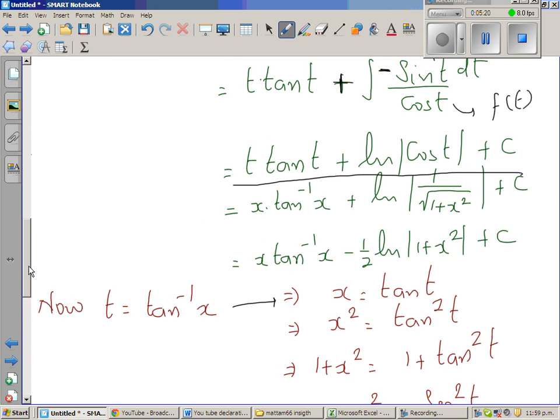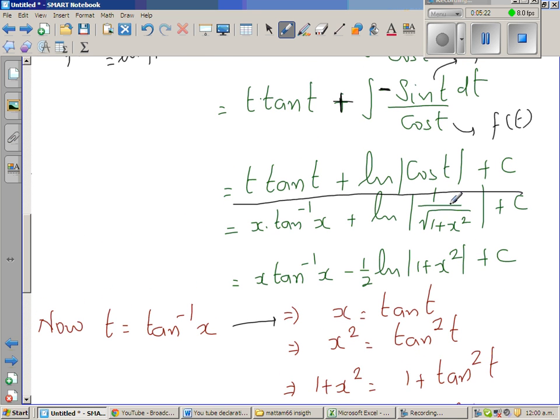So in place of cos t, that's how I wrote this. Tan t is x, and t is tan inverse of x. That's how I wrote x times tan inverse of x plus natural log of 1 over square root of 1 plus x squared.